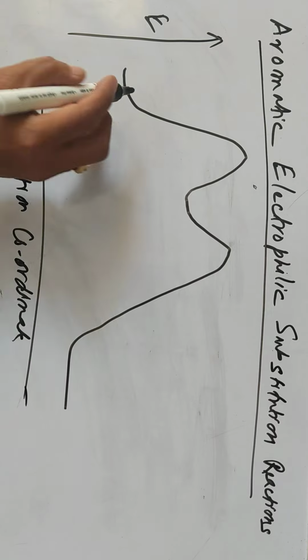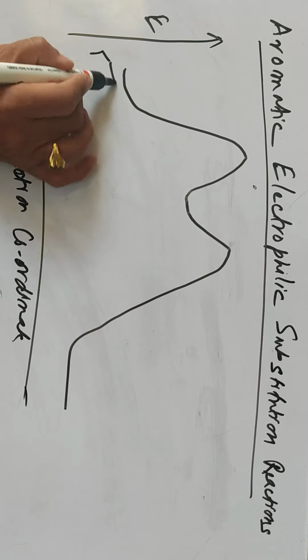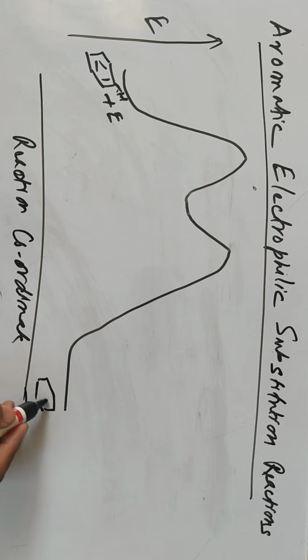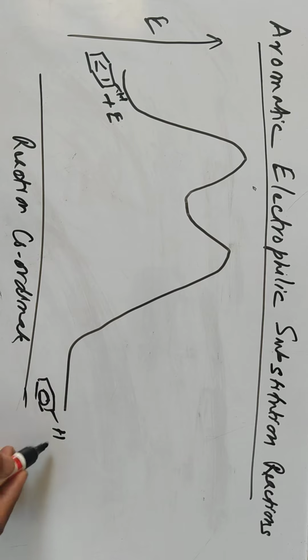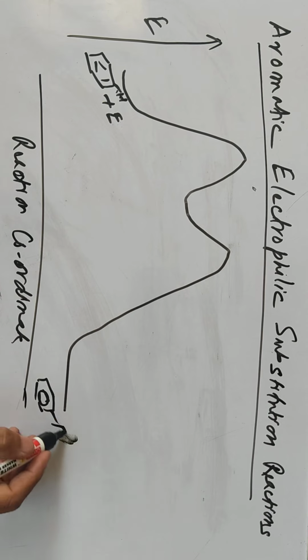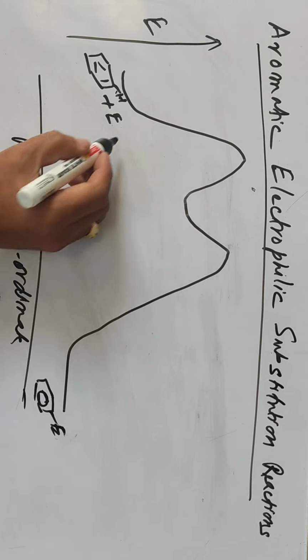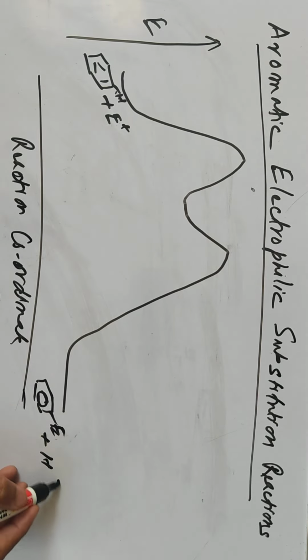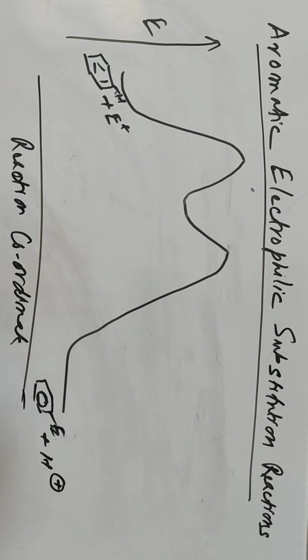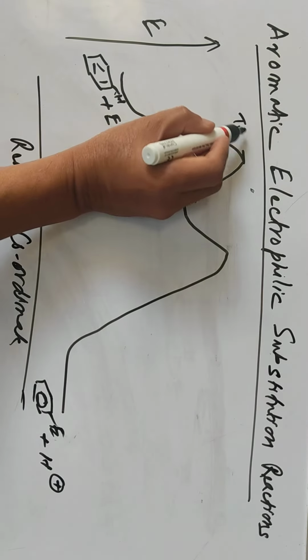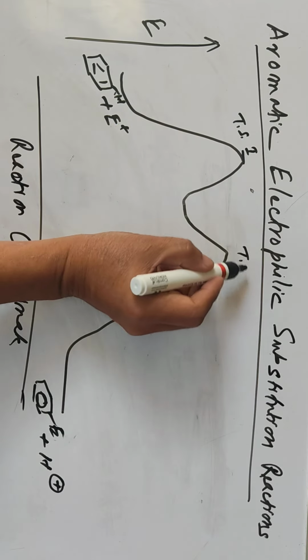The product is lower in energy. The starting materials are benzene and the electrophile E plus, and then the hydrogen is replaced, giving the product and H plus. This is the first transition state, transition step 1, and transition step 2.